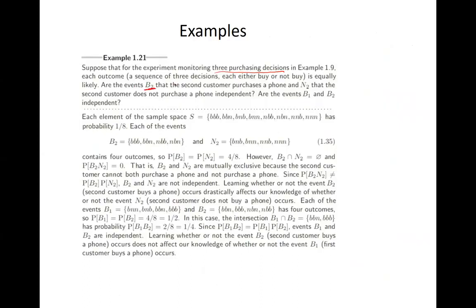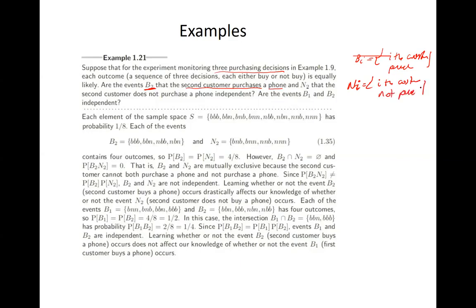Are the events B2, that the second customer purchases a phone, and N2, that the second customer does not purchase a phone, independent? Simply, Bi corresponds to the ith customer purchasing, and Ni corresponds to the ith customer not purchasing.